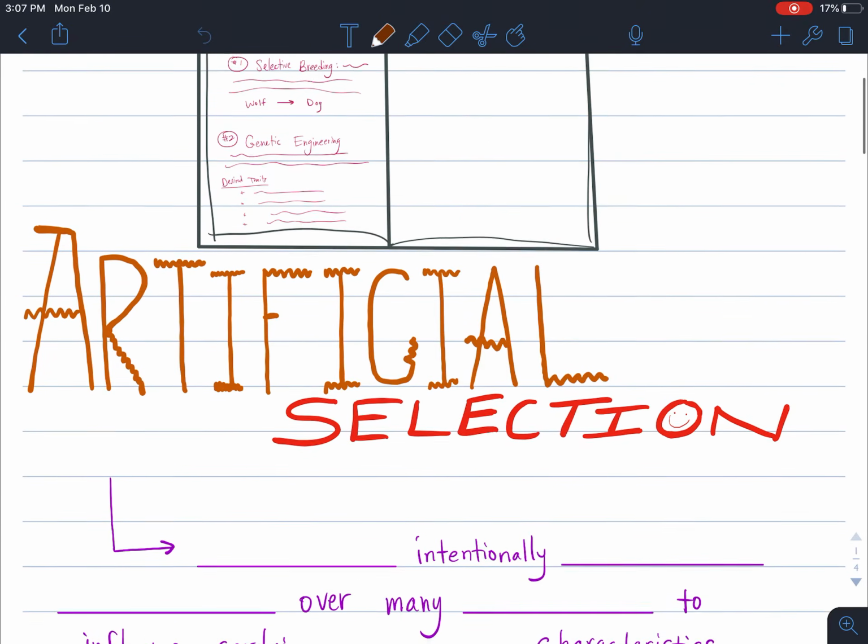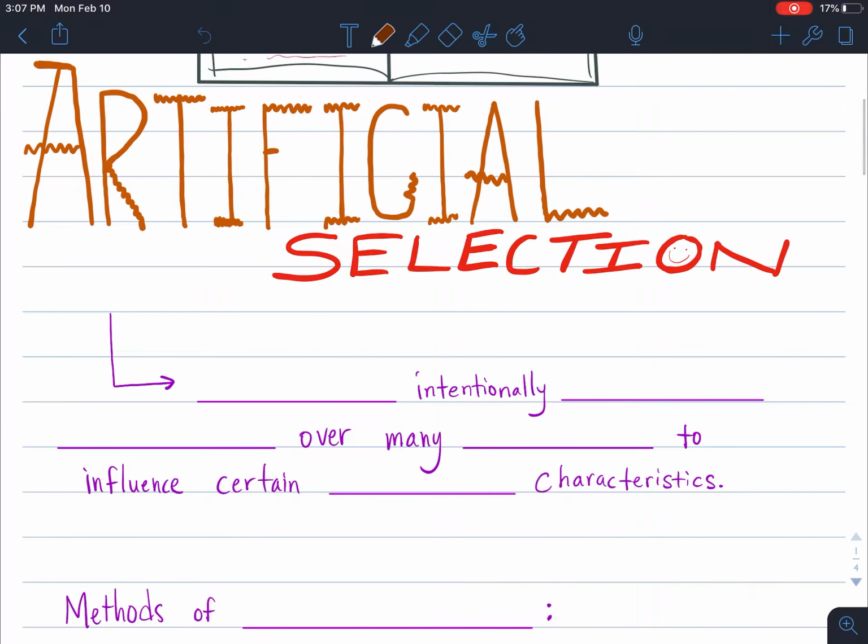Let's go ahead and put that on the title or the heading of your page, and let's define what is artificial selection. Well, in artificial selection, it's basically humans intentionally modifying species over many generations to influence certain "desirable" characteristics.